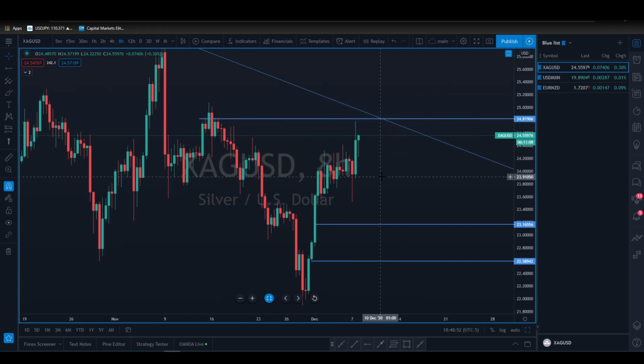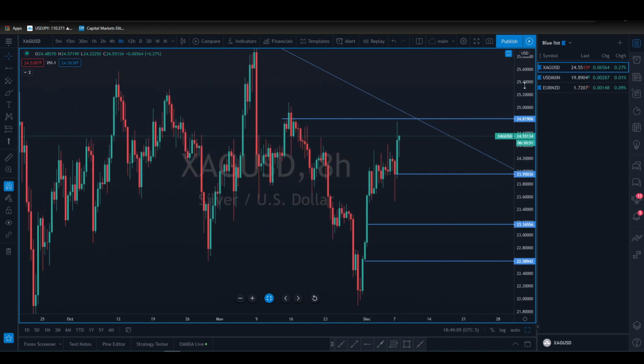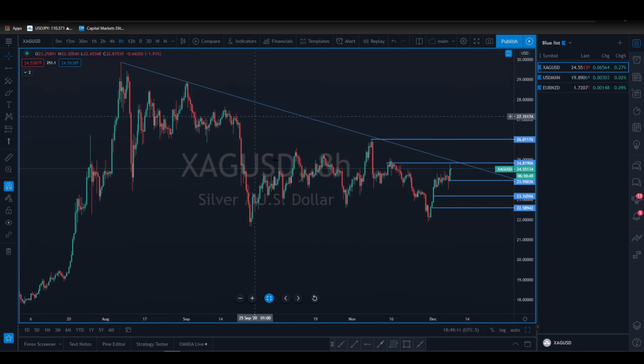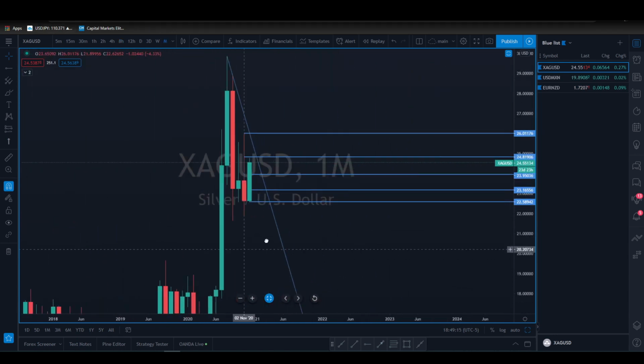Obviously, there's more stuff to get through. You're going to have this low to deal with right away, right off the rip. It's going to be this one, and then this one, and then this one. However, if we fail there, there's a pretty good possibility that we're going to head lower, simply because this is in a near-term downtrend. Longer term, it's obviously in an uptrend.